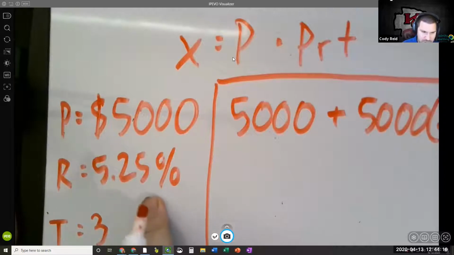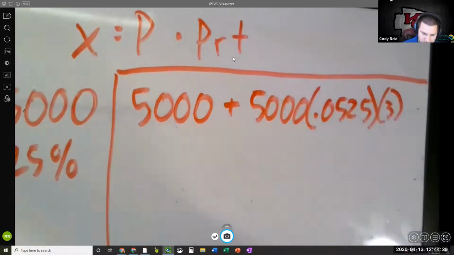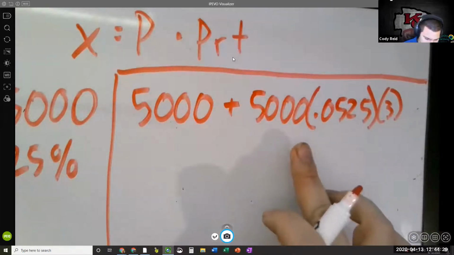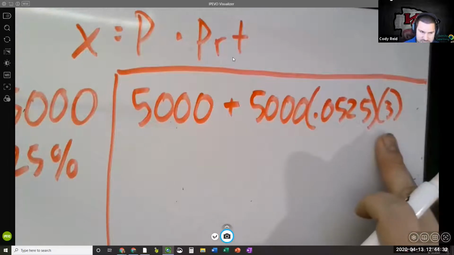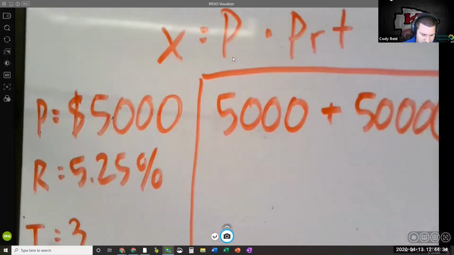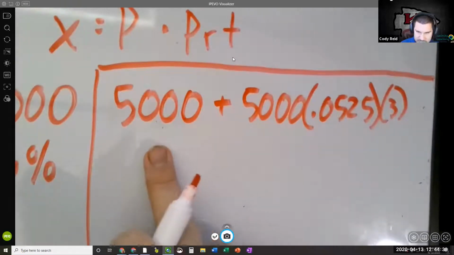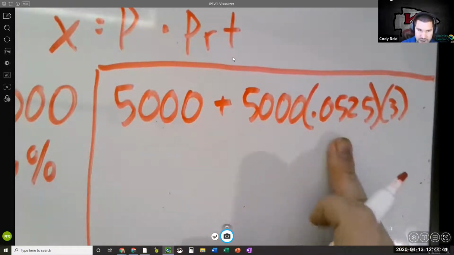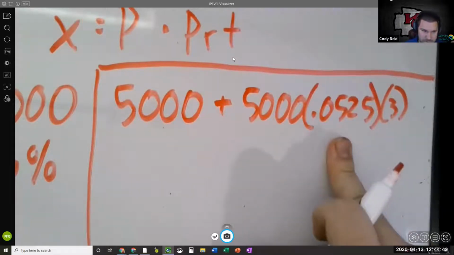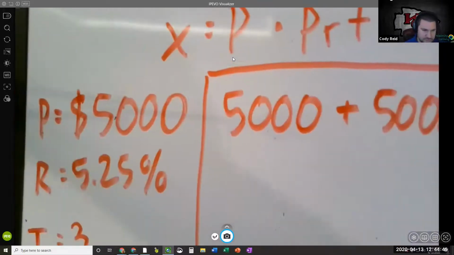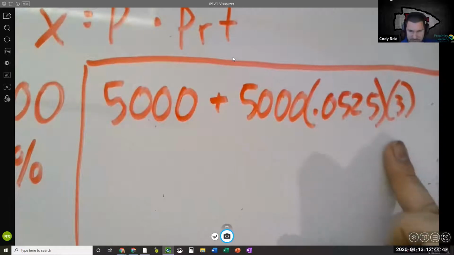We divided this by 100, because remember, percent means over 100, so 5.25 divided by 100 would get us this. And then the 3 represents the time. So we did 5,000, because that's the amount of money we started with, times the interest rate, which was our decimal, times 3.